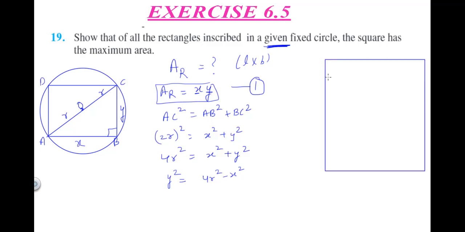If I take AR as equal to x multiplied with y, so what will be y from here? Just note down, under root of 4r square minus x square. So I'll have x under root 4r square minus x square. Now definitely we have this complete area in x term.